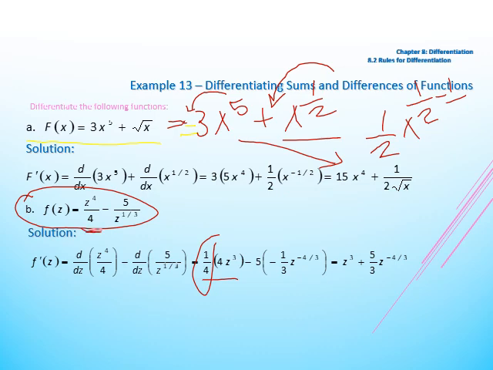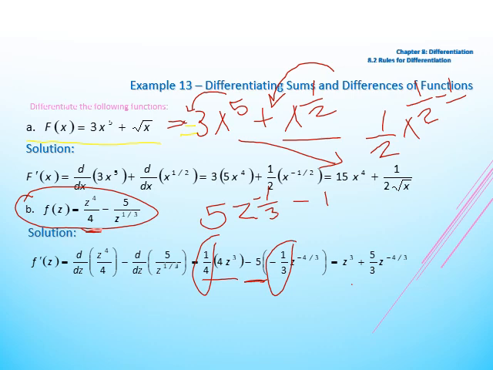And the second part is 5 times z to the power negative 1/3, so the derivative is 5 times negative 1/3 times z to the power negative 1/3 minus 1, which is negative 4/3.